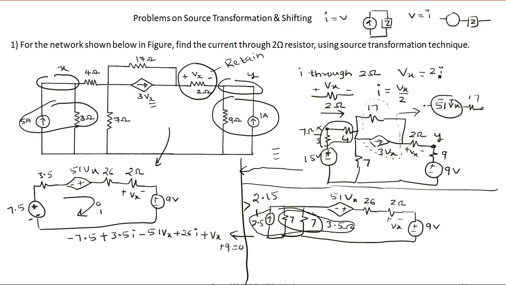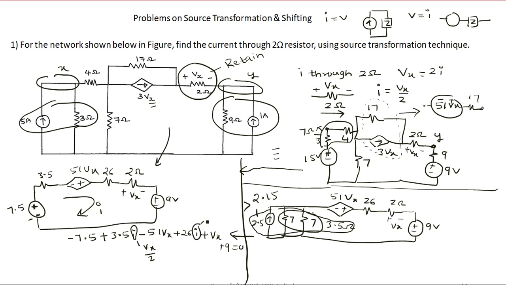Vx is 2 times I. So wherever you have Vx, you can replace Vx with 2 times I, so that you can calculate current. Otherwise, in other way, wherever you have I, this can be replaced by Vx by 2.